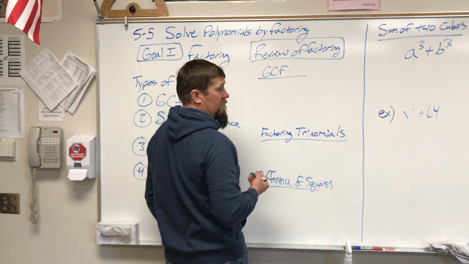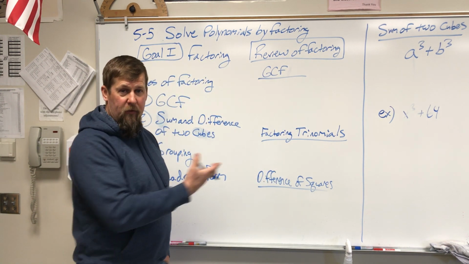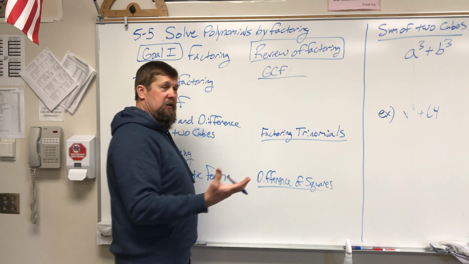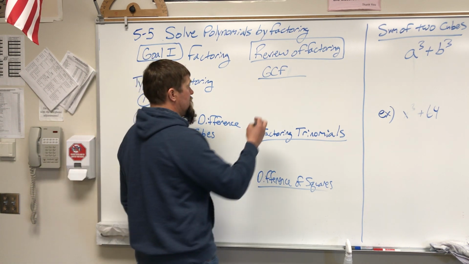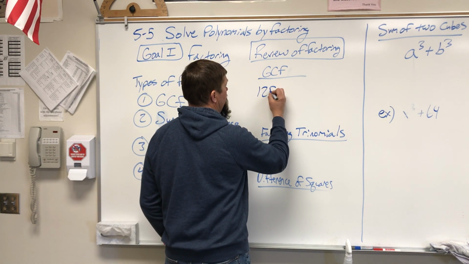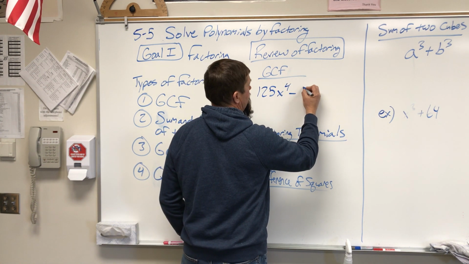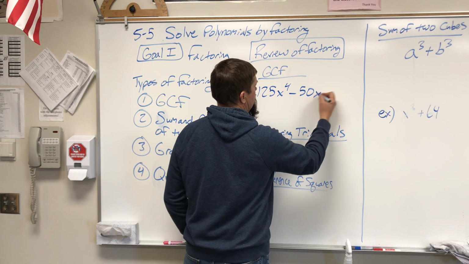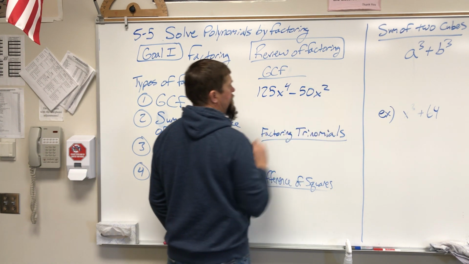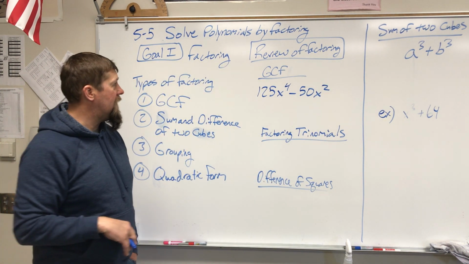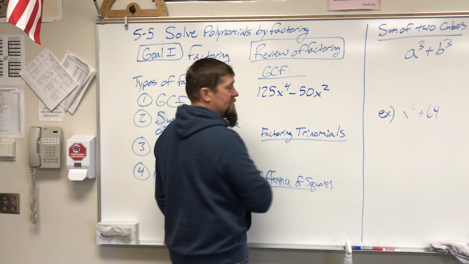If we have a polynomial that has a greatest common factor, we factor it out basically using the distributive property but backwards. So for example, if I've got 125x to the fourth minus 50x to the second. Okay, this is just a quick example. I look for greatest common factor.